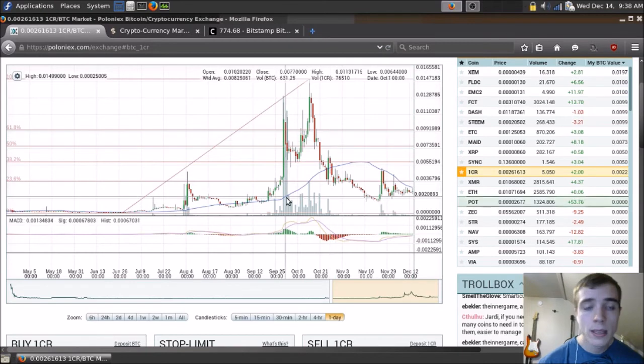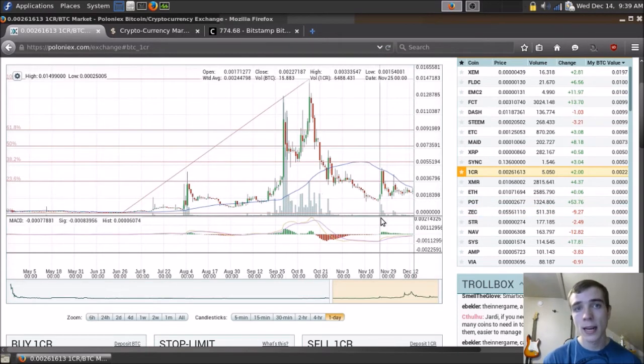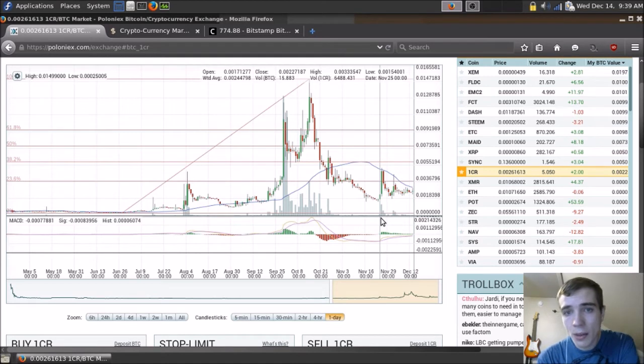Now obviously there's other places that you can take the data from Poloniex and do all kinds of in-depth analysis. One example is TradingView.com. It has all of the Poloniex markets, I believe, and you can go on there and do a lot more technical analysis if you would like to.